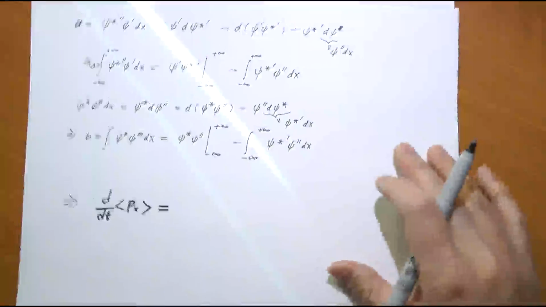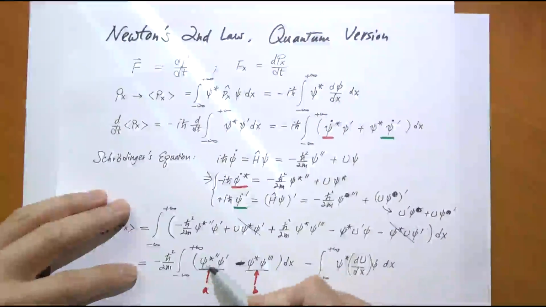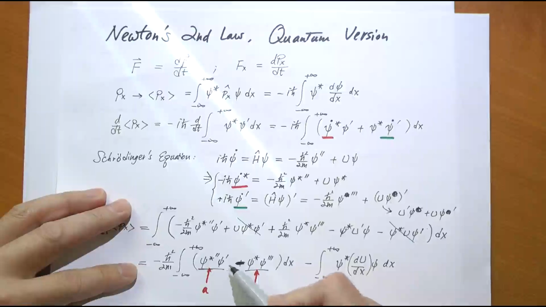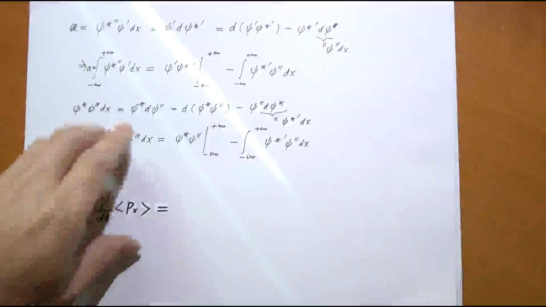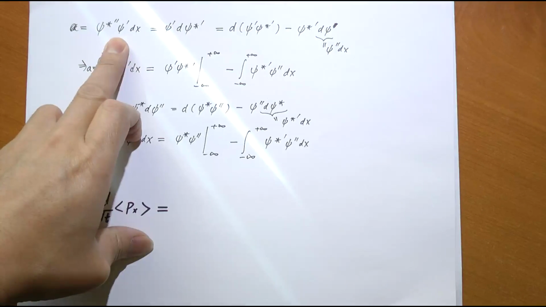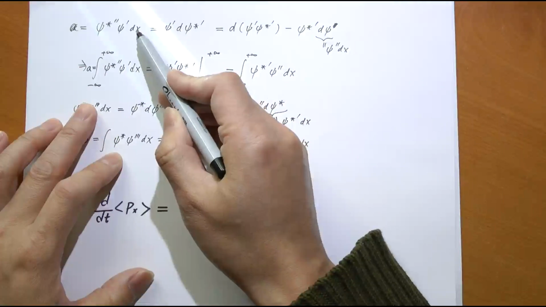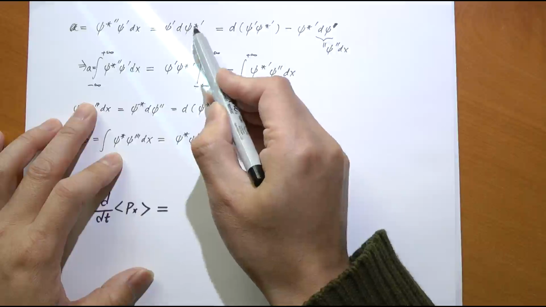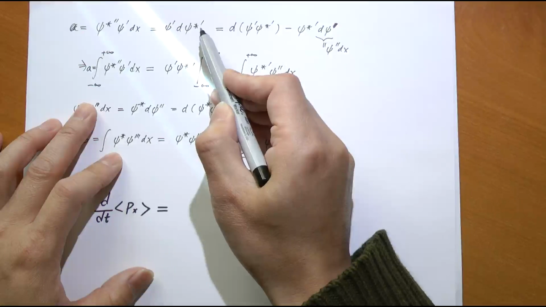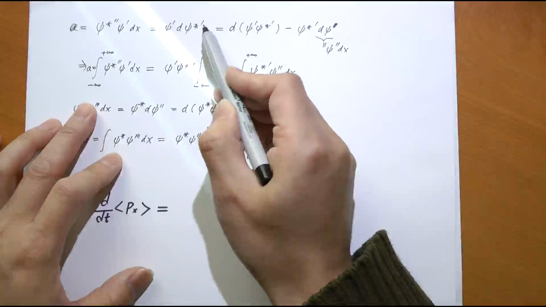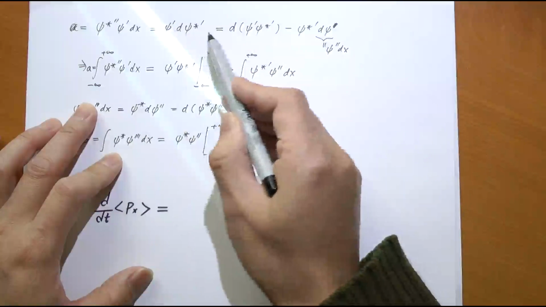Let's see. Okay. The first integrand, which is psi star double prime psi prime. Okay, let me rewrite it. Psi star double prime psi prime, you see that? Okay. And this can be written as psi prime and then d of psi star prime, because d of psi star prime means you have to differentiate that so that the first derivative becomes the second derivative. Okay, so that's the same.